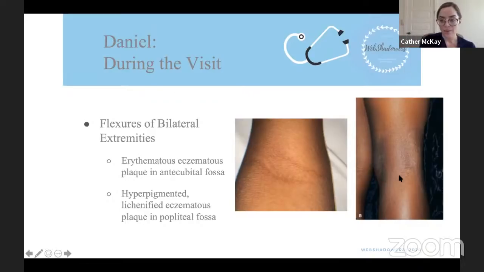And then on the backs of his legs, hyperpigmented, so this is hyperpigmented compared to his normal skin color. Lichenified, because it is more of that rough, thickened skin. Eczematous plaque, and this is the popliteal fossa. That's the bend of the knee, behind the knee.